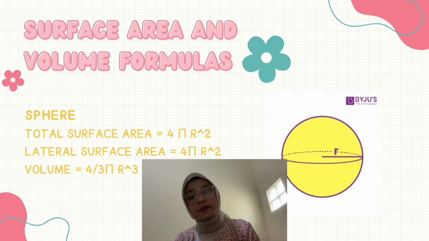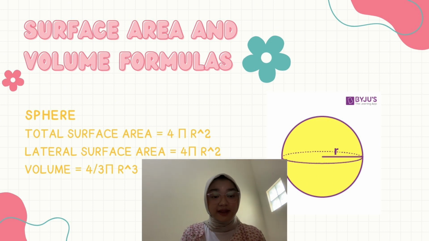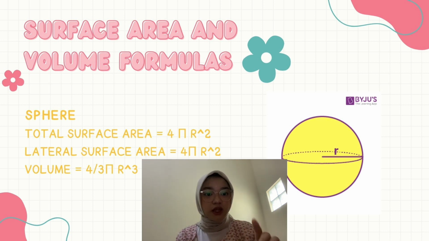And the volume is 4 divided by 3 times pi times radius cubed.